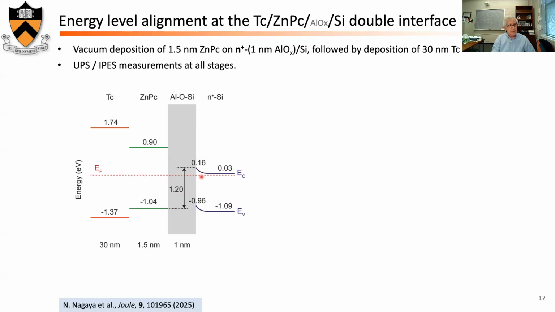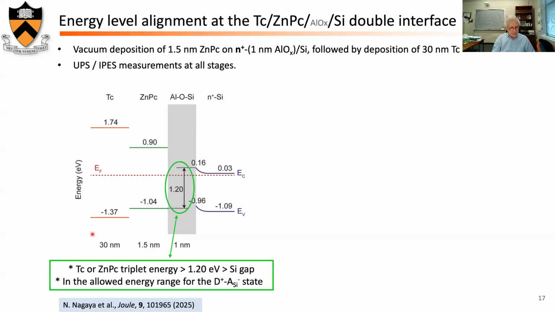Everything is deposited in ultra-high vacuum, and then using photoemission and inverse photoemission spectroscopy, we get this alignment. As you can see, the energy difference between the HOMO level of zinc PC and the conduction band of silicon, that is, this charge separated, charge transfer state energy, is now 1.2 electron volts, which is in between the triplet energy and the silicon band gap.